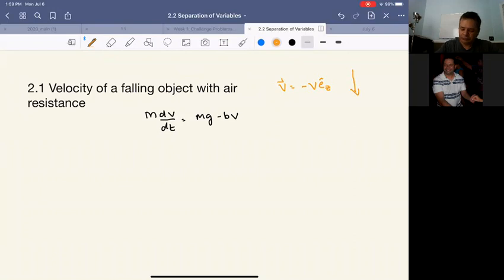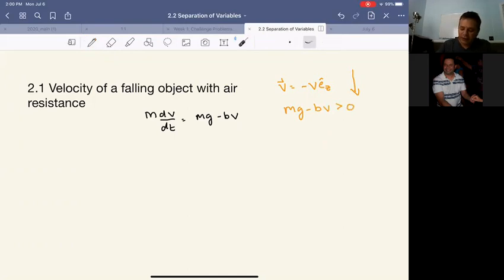So the velocity v that we have should be positive, the way we're setting it up, because it's going down automatically. Another thing we can assume is that mg minus bv is greater than 0.